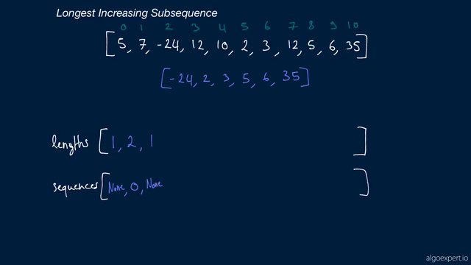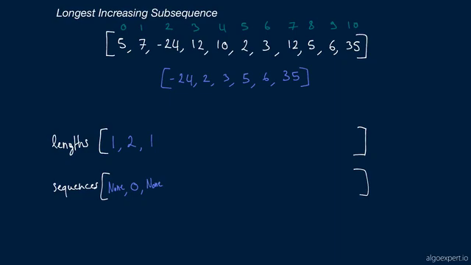So now you can already get the idea that in this lengths array and this sequences array, we could actually initialize some values. Here, I'll write them in brown. We could initialize this array to hold only the value 1, because at the very least, at each index, we can create an increasing subsequence of just the number at that index, meaning length 1.